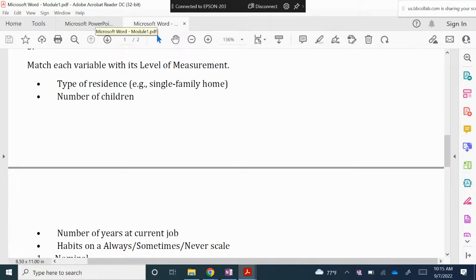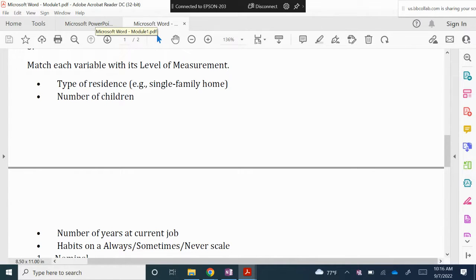So a hint on this one is years. Interval will always be years. For the simple fact that, like I said, I've been here 22 years, and that could be ratio, I guess, because I could have been here no years.